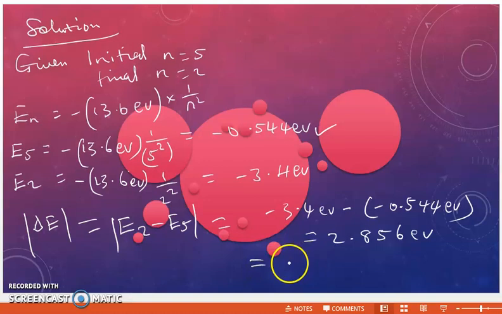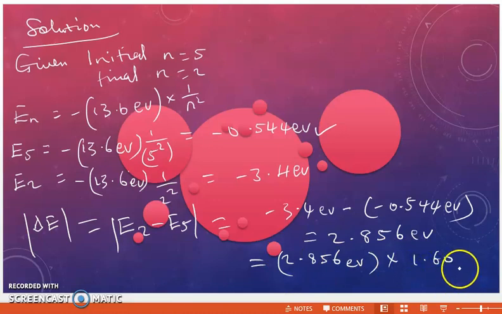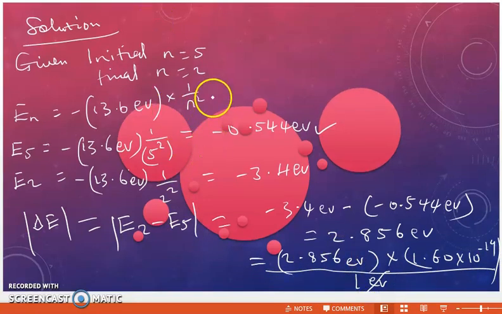So we are going to have 2.856 electron volt multiplied by 1.60 times 10 to the negative 19, divided by 1 electron volt, so that the electron volt cancels. Multiplying this by this, that will give us 4.58 times 10 to the negative 19 joules.